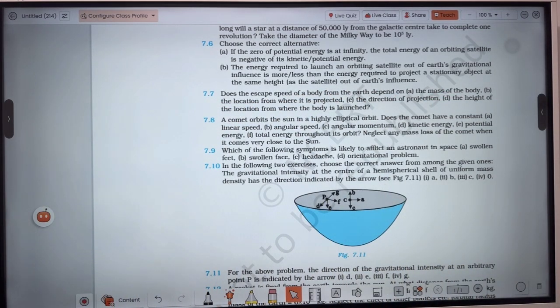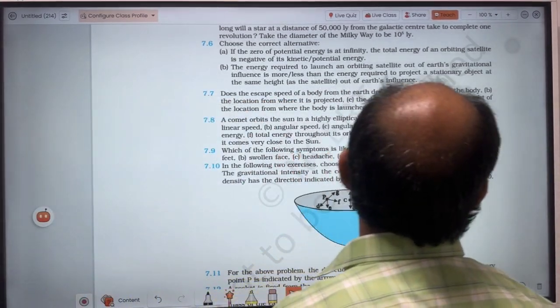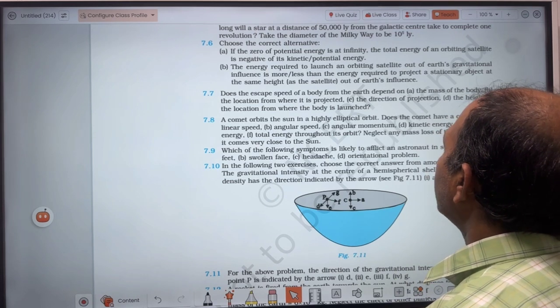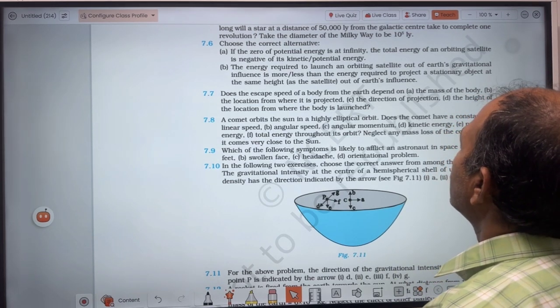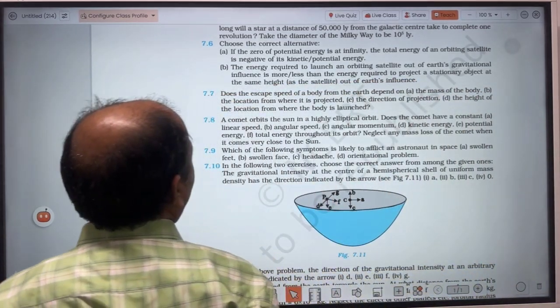Now, the next question, number 7.8. A comet orbits the sun in a highly elliptical orbit. Does the comet have a constant linear speed, angular speed, angular momentum, kinetic energy, potential energy, total energy? Okay, many concepts are involved here.